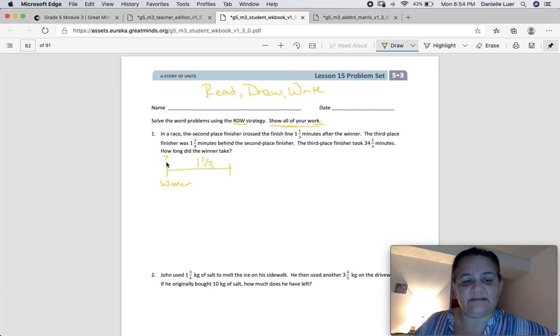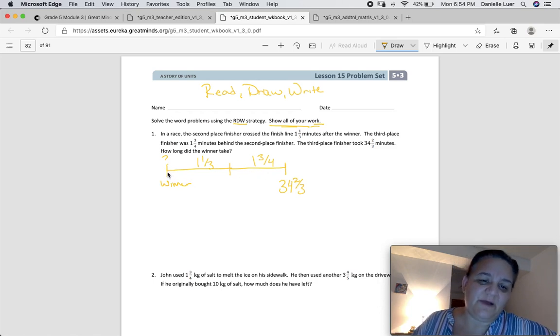So we don't know what this number is yet. The third place finisher was 1 3/4 minutes after that. The third place finisher took 34 2/3 minutes, so we do know this number. How long did the winner take?